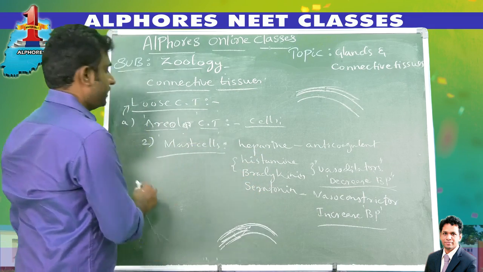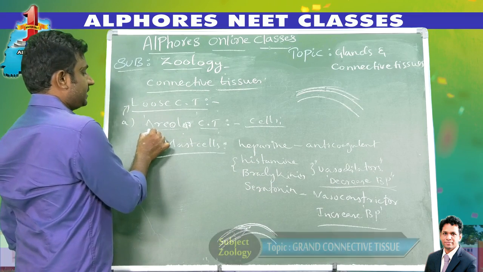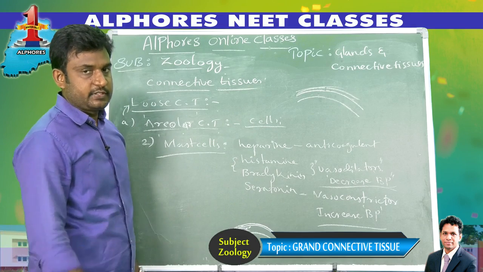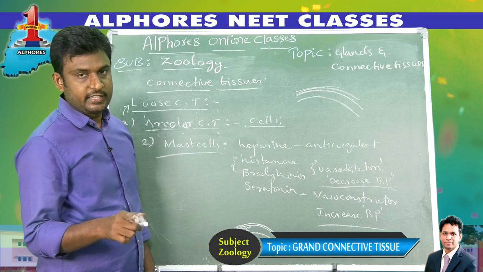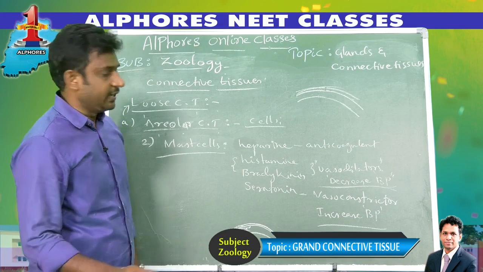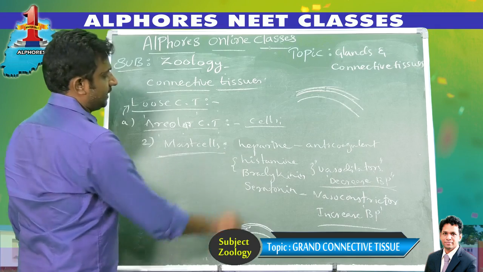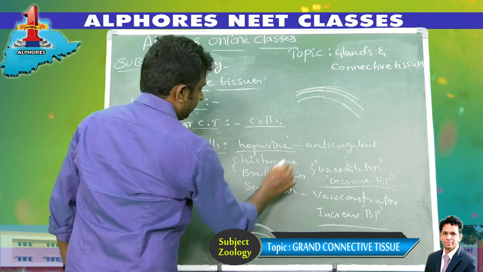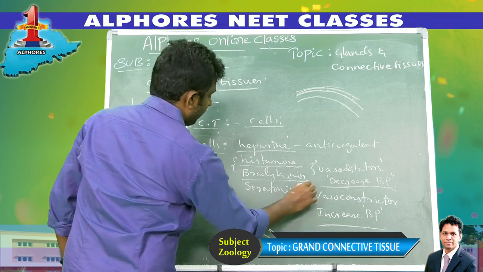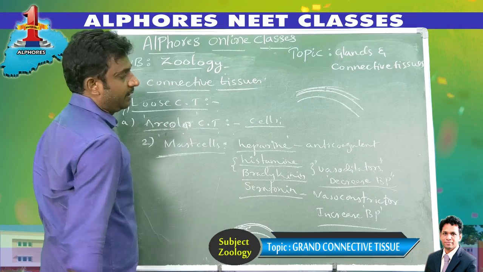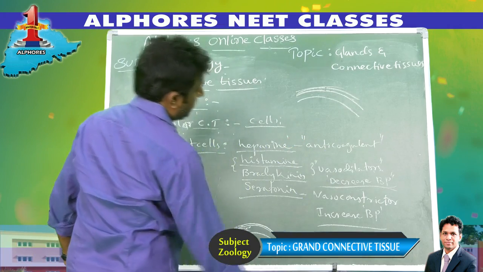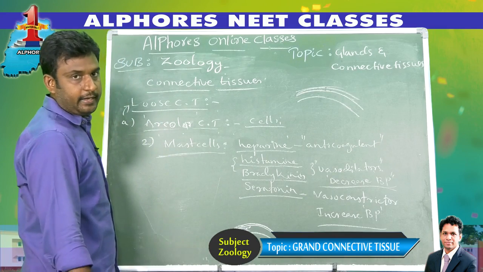Okay, so we are discussing the cells of areolar connective tissues. First type of cells are fibroblast cells, which secrete the fibers. Second type of cells are mast cells, which secrete heparin, histamine, bradykinin, serotonin. Heparin is an anticoagulant which prevents the clotting of blood.